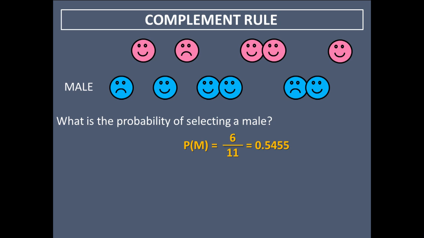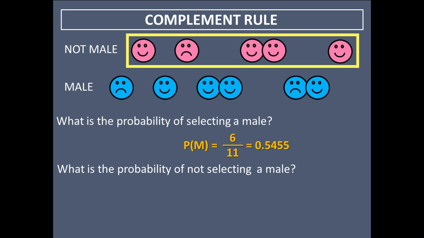If we were on the other hand to ask ourselves what is the probability of not selecting a male, well, we see everyone that wasn't in our male sample would be not a male. So what's left over there is 5 out of our 11 customers were not male, or a probability of 0.4545.